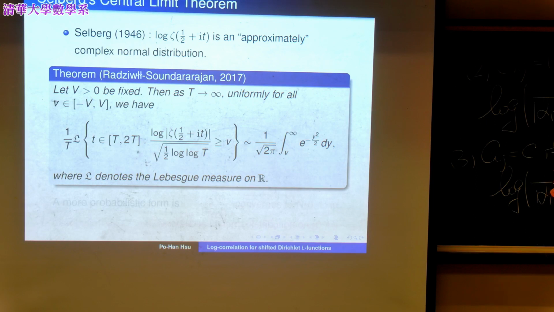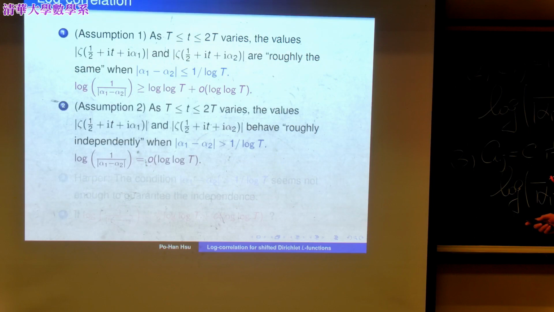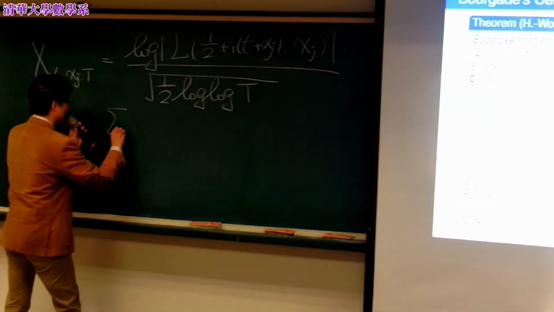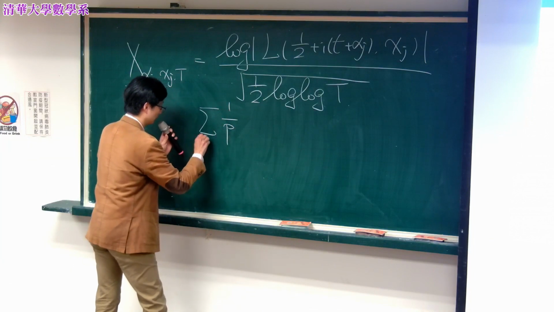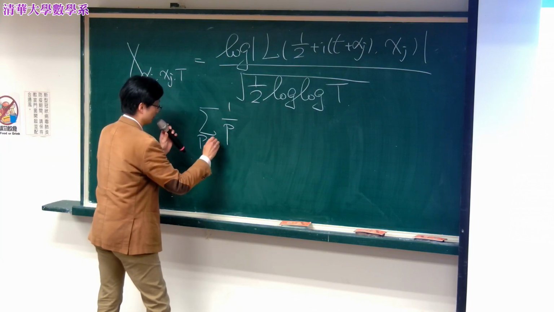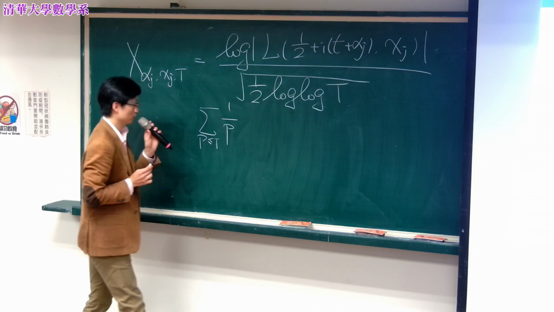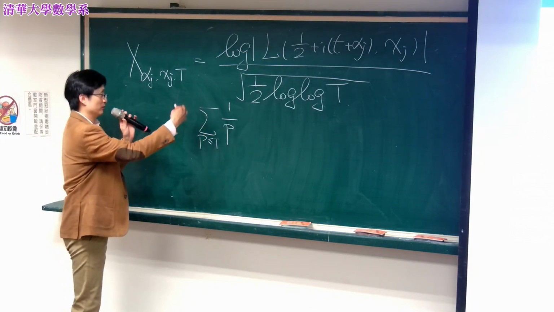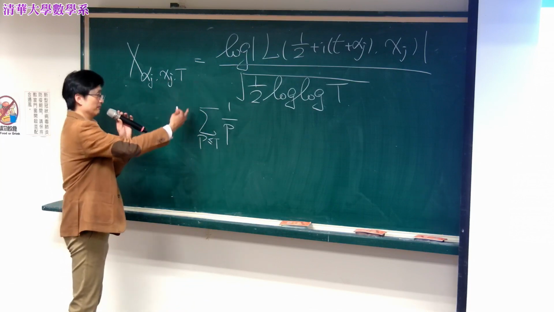For my result, everything will break down to the sum of this, with some parameter in T, let's just say capital T. So this is one relation to prime numbers, because everything breaks down to this sum.